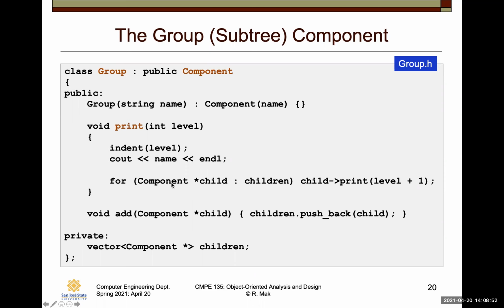So here we're going to iterate over the children, and you can see that group has a vector of children. Here it does make sense to add a node to a group, so we're passed in a child. Notice that child is a component. We're going to just append it to the end of our children vector. So this is group.